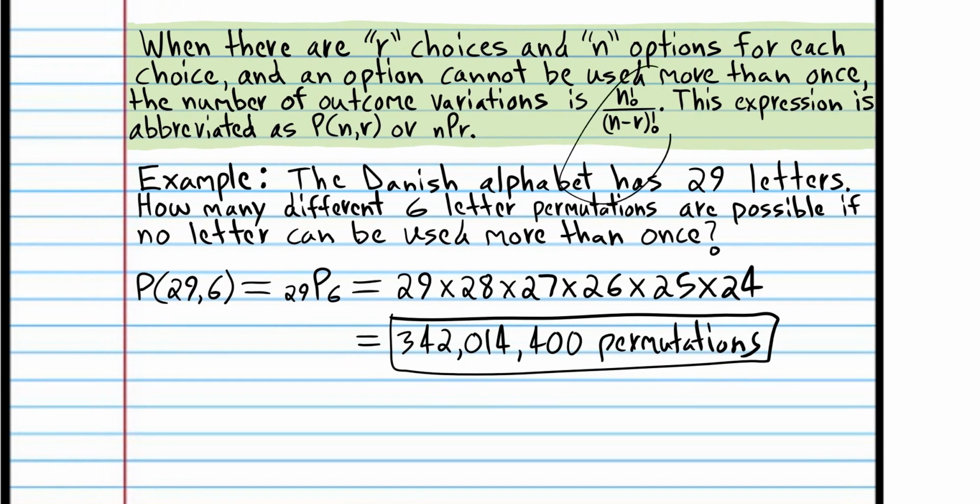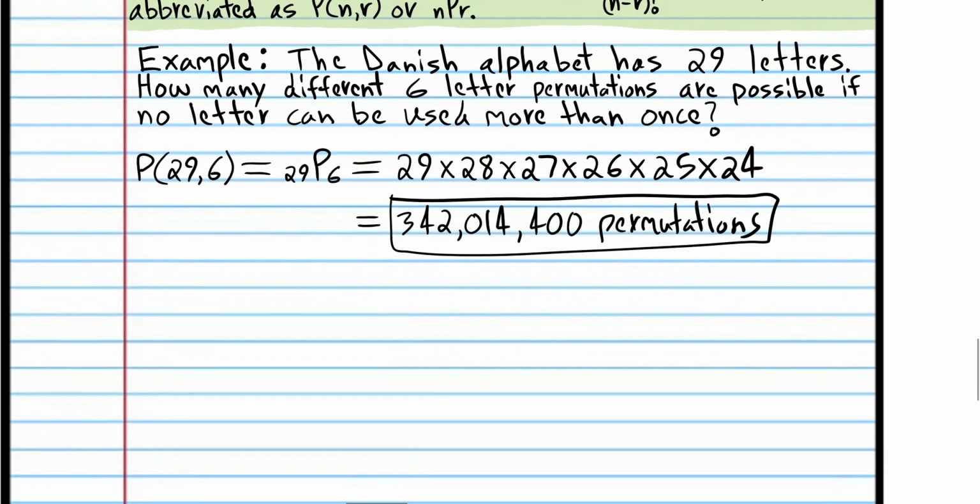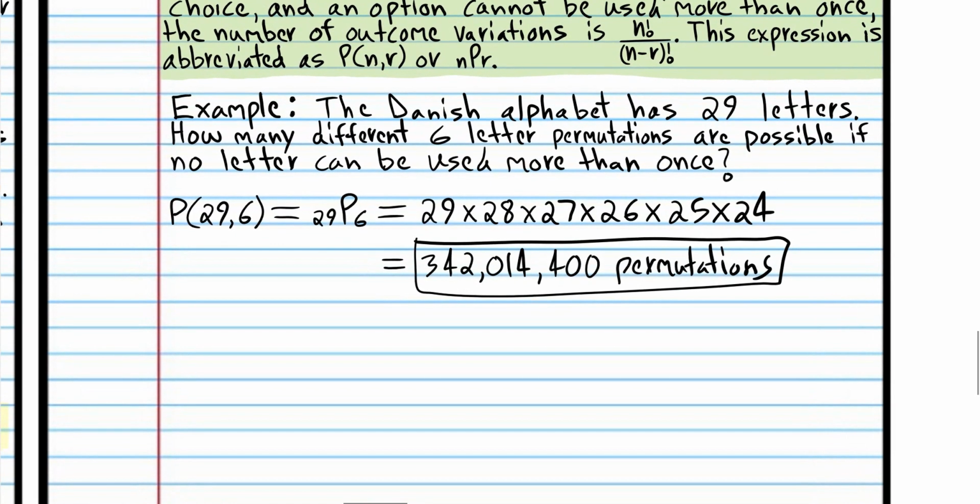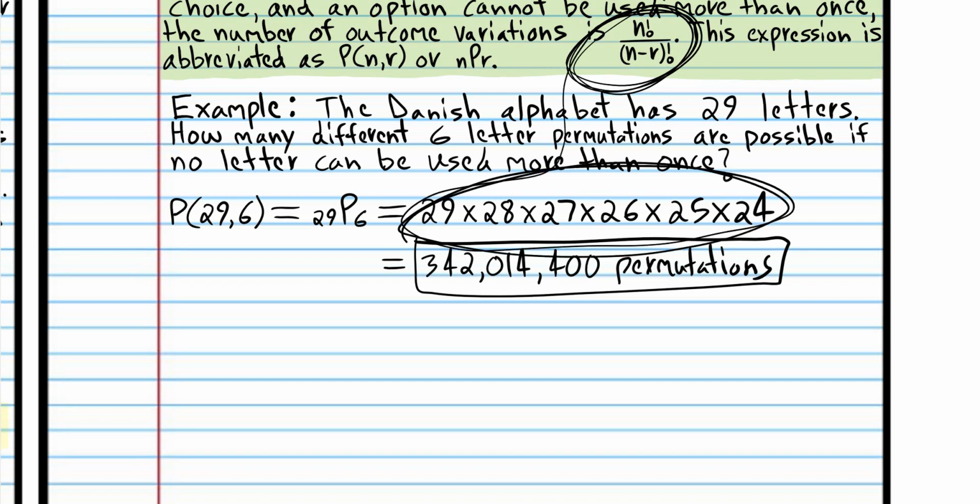Now, you see this symbol up here. That's where we need our factorial symbology. So this is a very complicated expression, but what it means is to calculate these numbers. So let me show you what that means. So n in this case is 29.